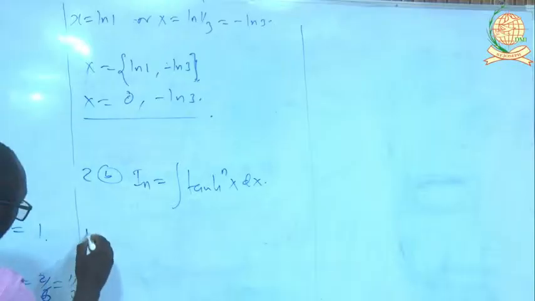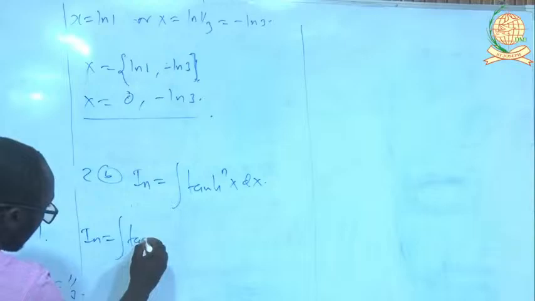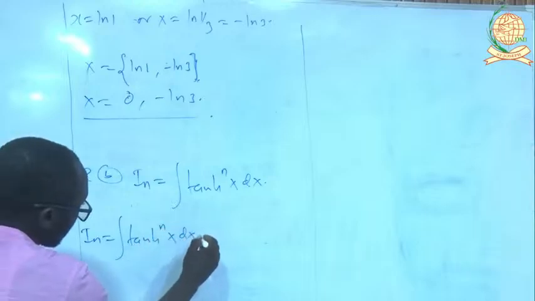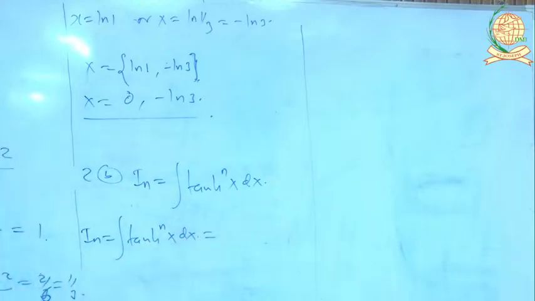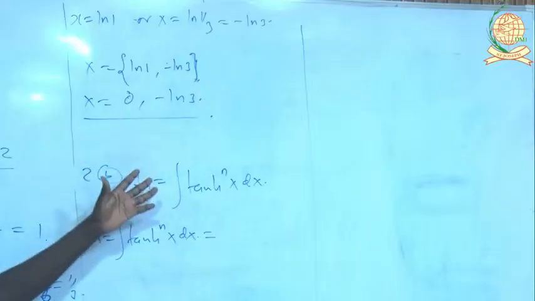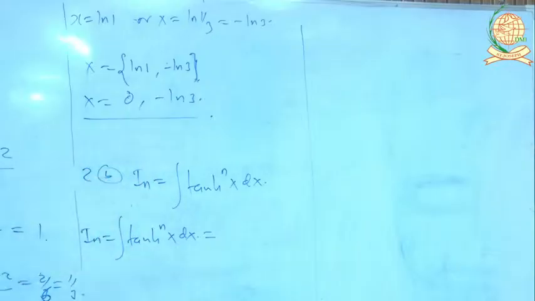So I_n is given by the integral of tanh^n x dx. For hyperbolic functions, we have hyperbolic sine, which is sinh, hyperbolic cosine, which is cosh, hyperbolic cotangent, which is coth, hyperbolic secant, which is sech, and hyperbolic cosecant, which is cosech.